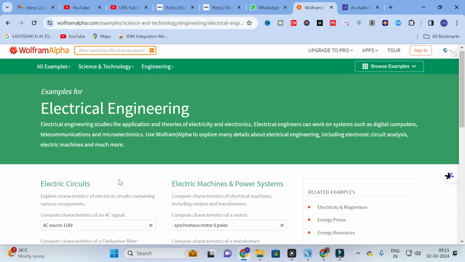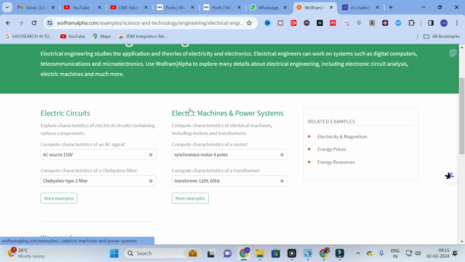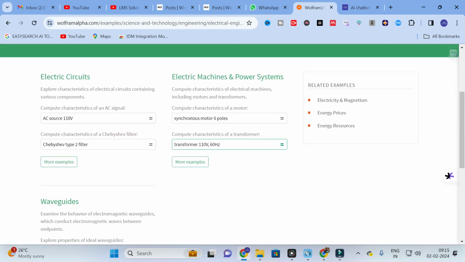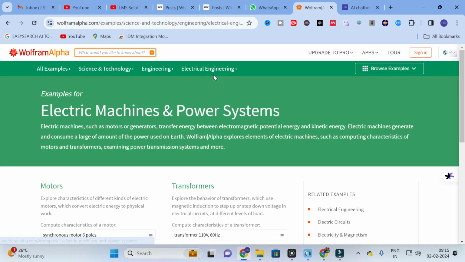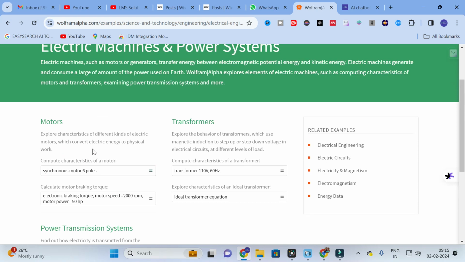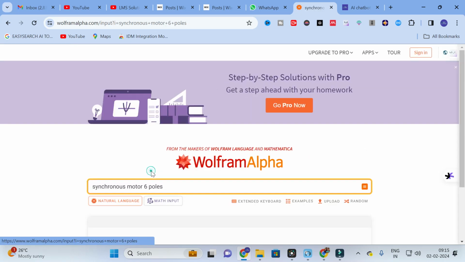Here you can see electrical circuits, electric machines and power systems, waveguides. These are the things available. In order to explore electrical machines and power systems, I am going to click on electrical machines and power systems. Here you can see motors, and you can select any of the motors you want.